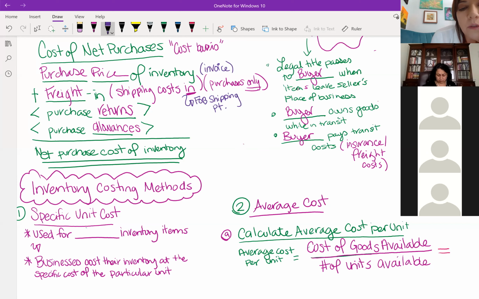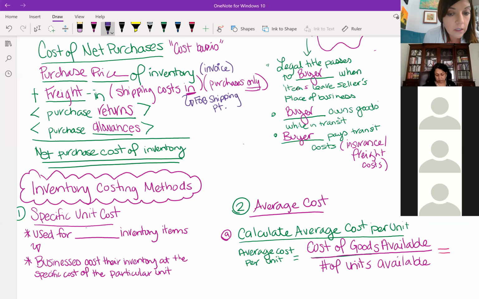If some of our units that we received were damaged in transit, or maybe we purchased them damaged, knew they were damaged, and got a discount, those are purchase allowances. It could also be that we received a discount because we took advantage of paying for the inventory early.